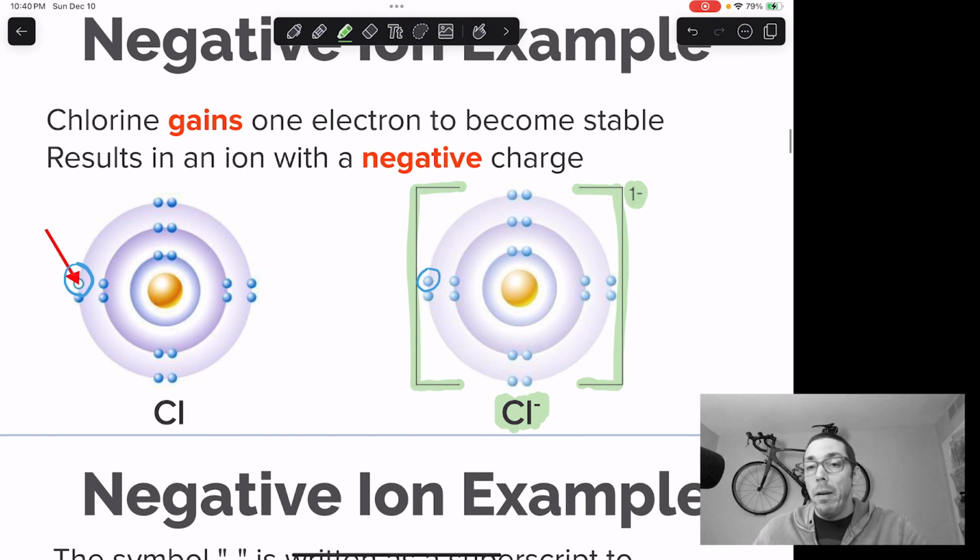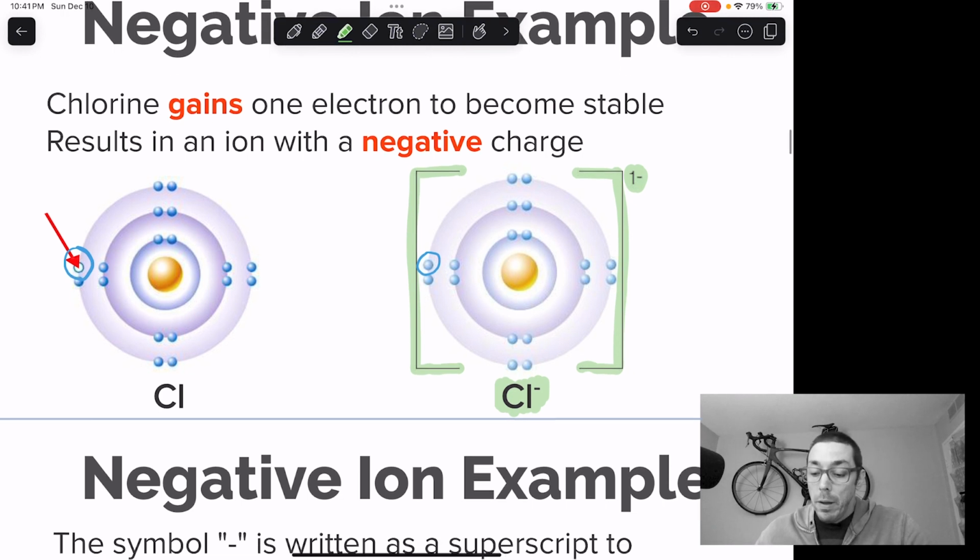We're going to see this pattern develop where we've got everything over on the left side of the table. The metals in group 1 and 2 always want to lose electrons, and they will become positive ions because they only have a couple, 1 or 2 electrons in their valence shell.